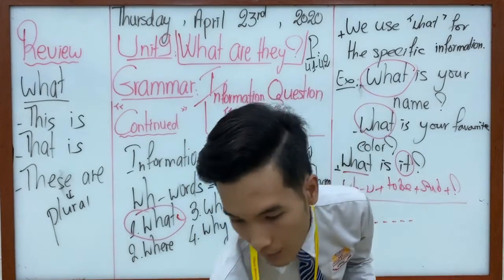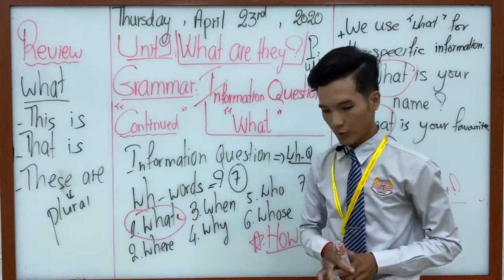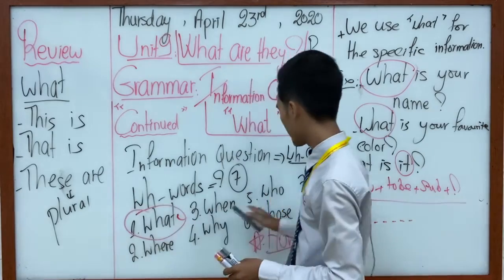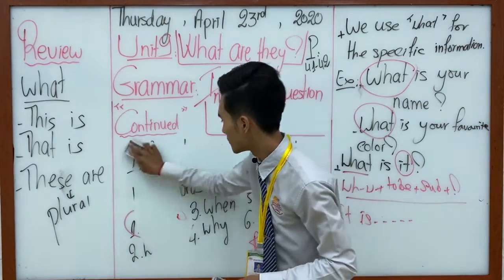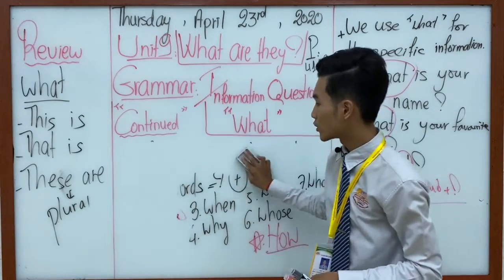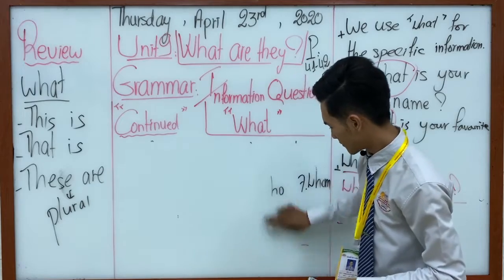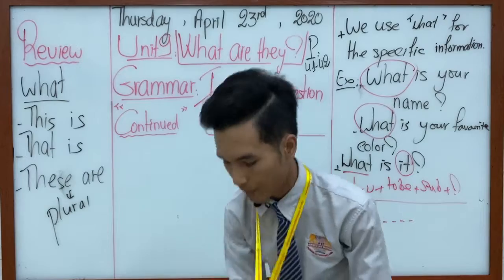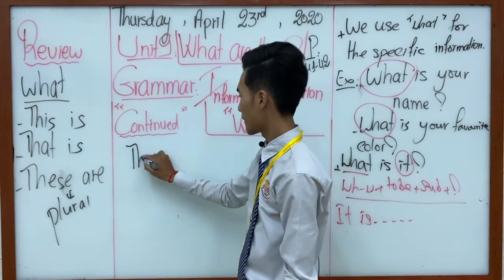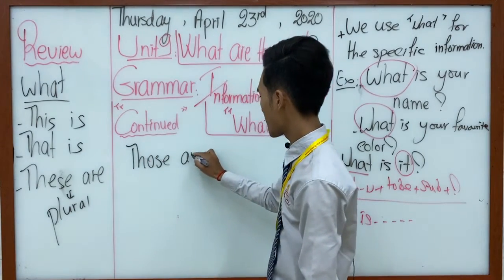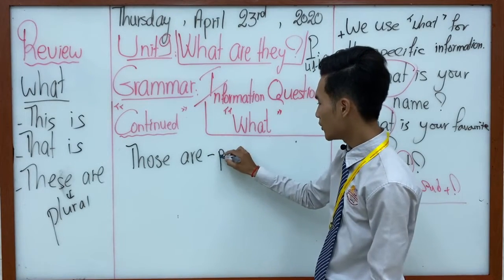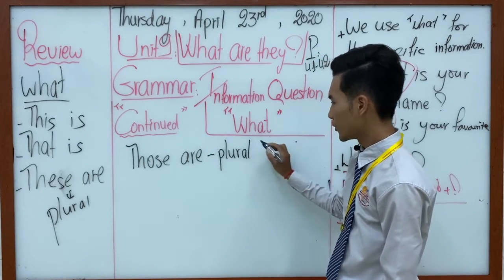Now I would like to add one more thing for you. Yesterday we talked about these are, right? So now we are talking about those are. Okay, those are, we use it for plural.